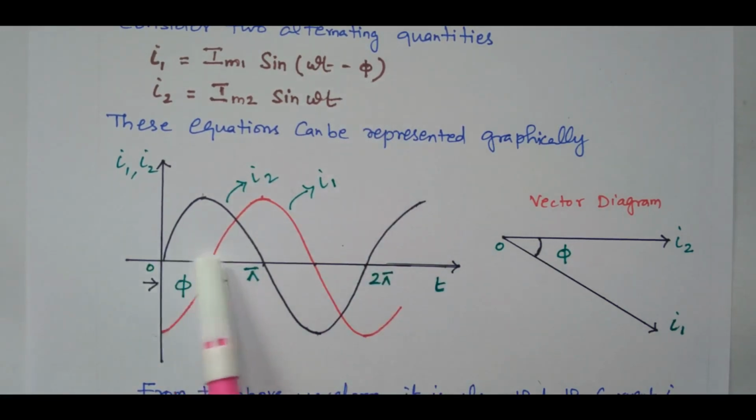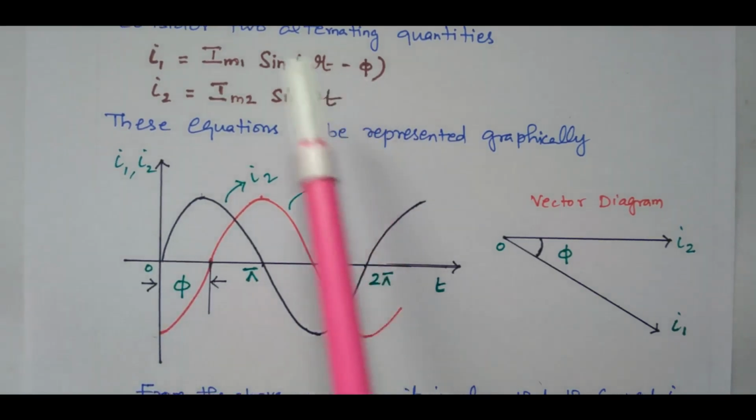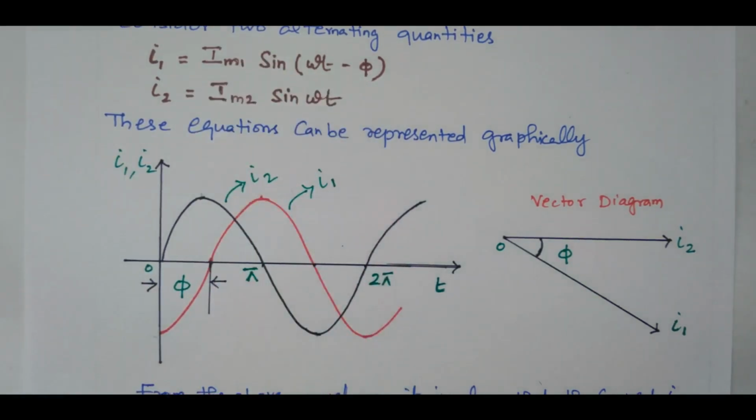So this is the lagging angle between I1 and I2. I2 starts at 0 but I1 starts after some angle, that is pi. Due to the delay it is subtracted and termed as a lag. That is also represented by the vector diagram. This is I2, normal, starting at 0 degree.